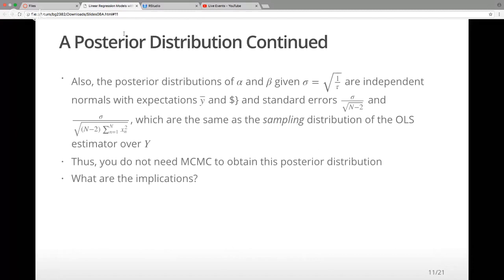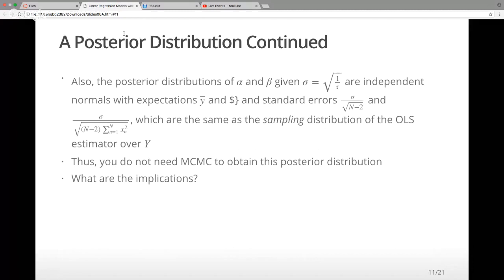So what this really implied in the days before MCMC is that Bayesians could use OLS estimates and figure out one more posterior distribution of interest analytically, rather than doing MCMC, which was important in the days before MCMC was invented, or at least known in the social sciences.